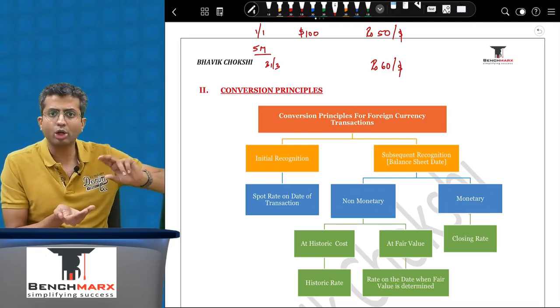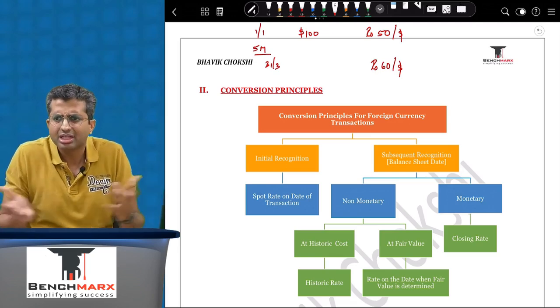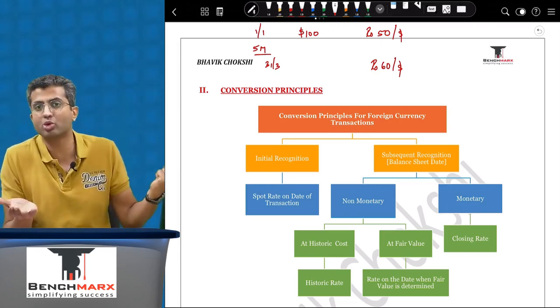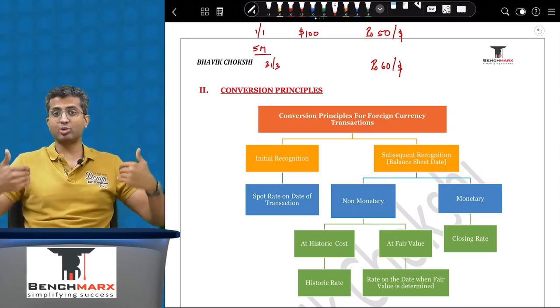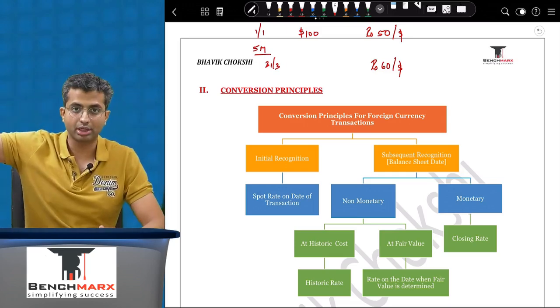So if that $100 is not sure, then the gain or loss on 100 is also an uncertain gain. Then why should you recognize a gain or loss on 100 when you're not even sure that 100 is going to be recovered? And hence, as per AS 11, Ind AS 21, non-monetary items continue to remain at historic rate.